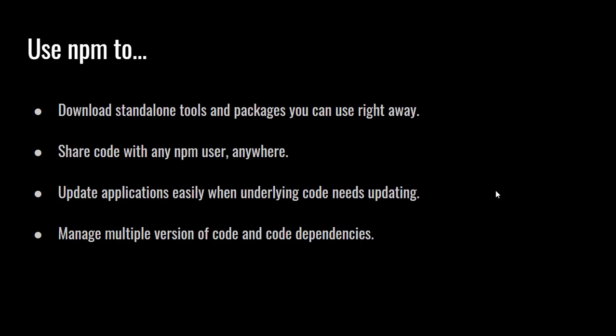That's just a very specific example of React, but if you're working on Node.js level, there's lots of other situations where you might need the latest and greatest, or you may need to completely uninstall it and go in a different direction. This package manager allows you to do that, as well as a lot of other things that we'll get into. So you can manage multiple versions of code and code dependencies with this.